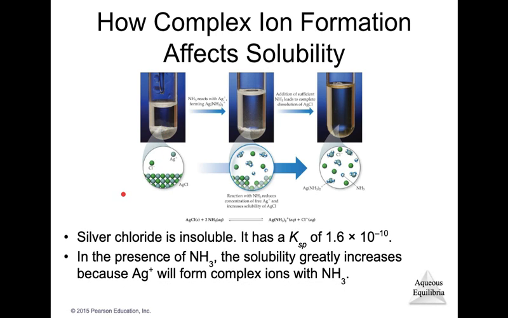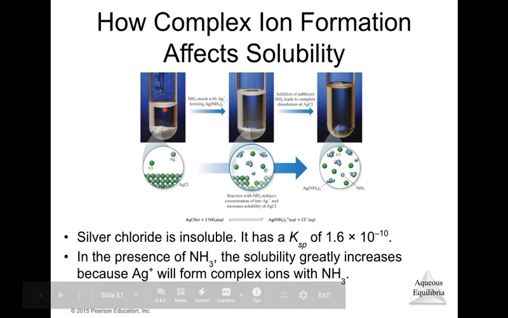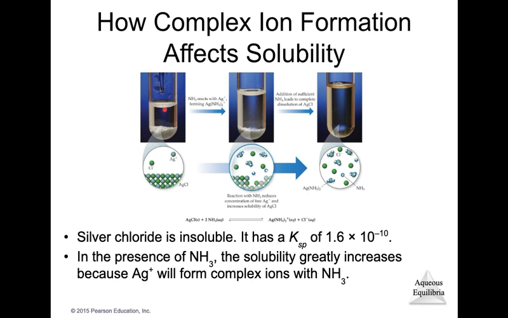And then in the presence of ammonia, which is what we can assume this liquid is in this test tube here, the ammonia is going to react with the silver, forming this complex ion. I don't know the specific name of this ion, but it's Ag(NH3)2 plus, right? So that's going to be forming this complex ion in the solution.